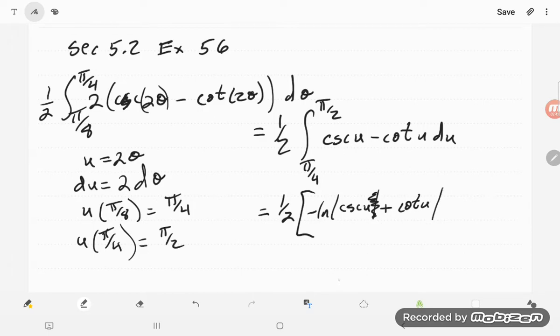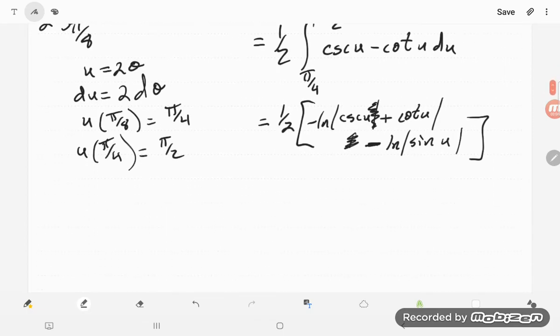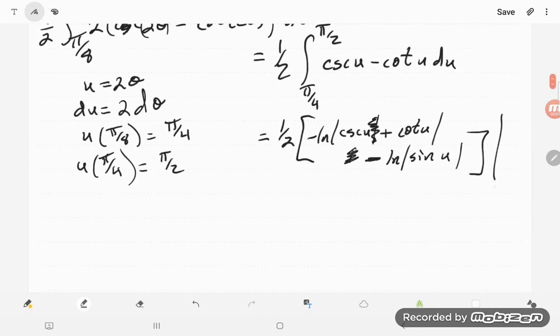So we have that, and then the cotangent, the antiderivative of that is, we had a minus out in front of that, so minus the natural log of the absolute value of the sine of u. Okay, and I have to go from pi over 4 to pi over 2. So that gets to be a big long thing.